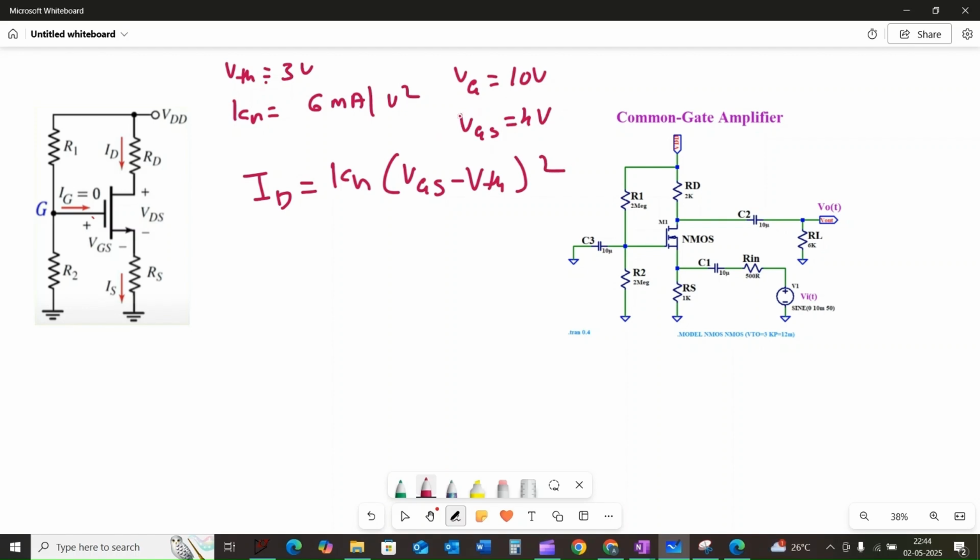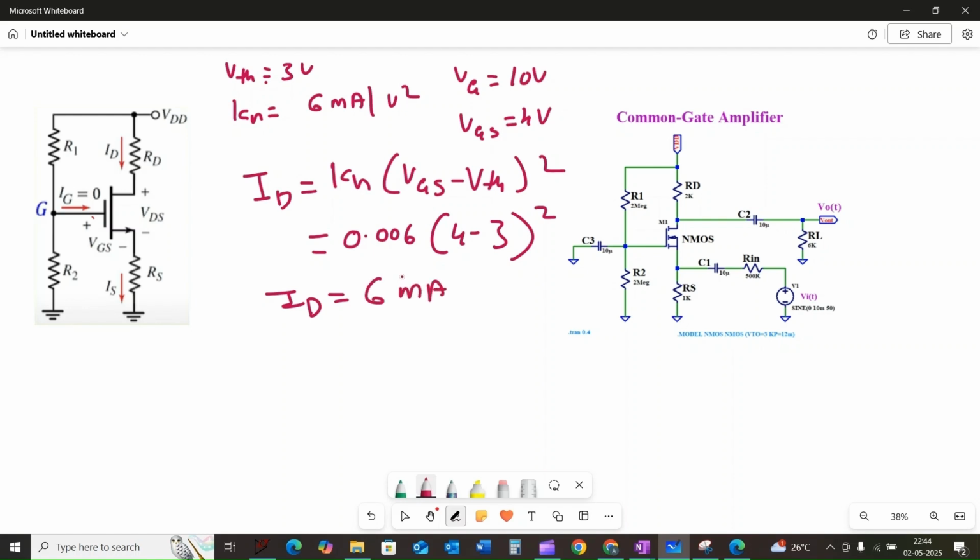By plugging this value into our equation, we can write it as 0.006 into (4 minus 3) to the whole square, so that the drain current Id is equal to 6 milliamps.